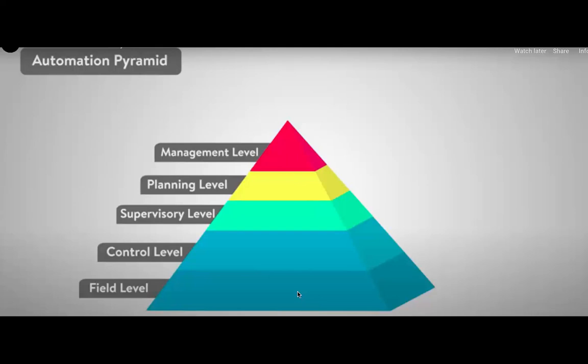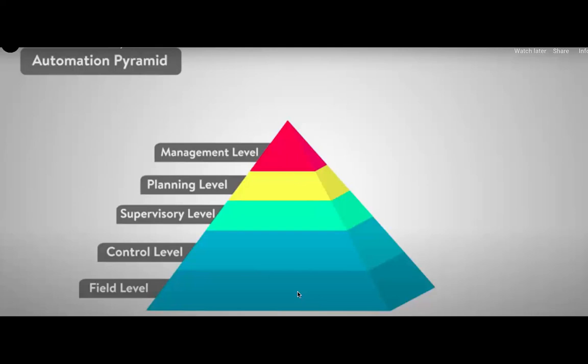It uses standard Ethernet protocol or any other suitable industrial protocols such as Modbus, Profibus, DeviceNet. It can also be used as per application requirements. So this is about the networking layer or level.